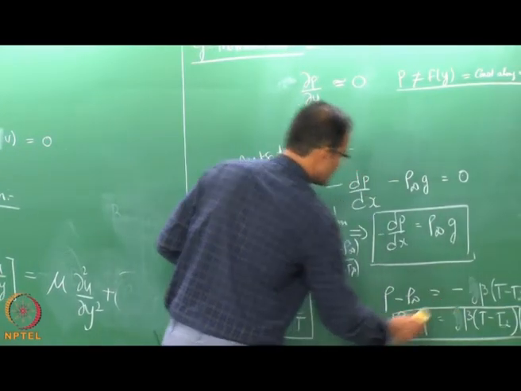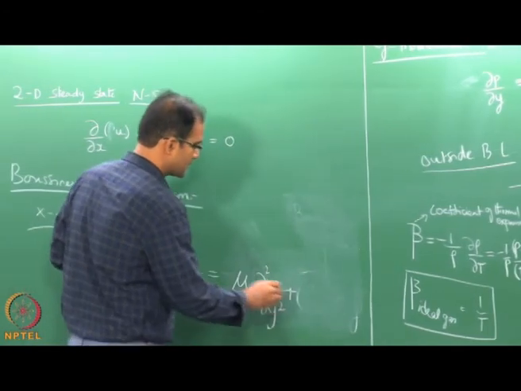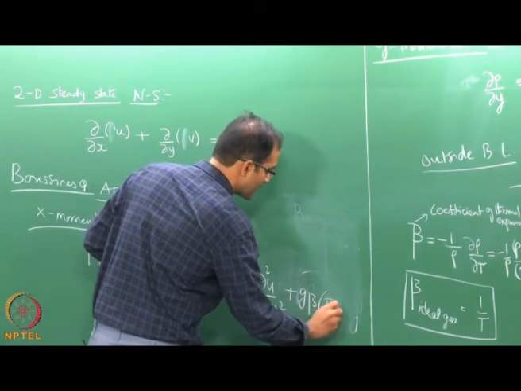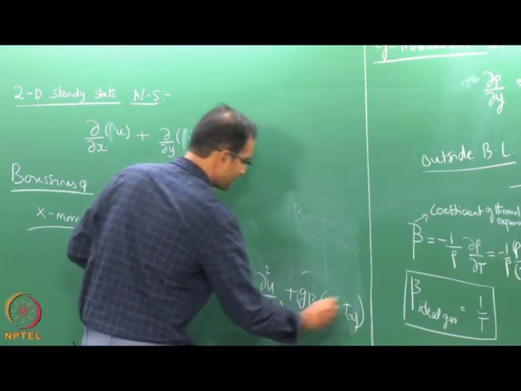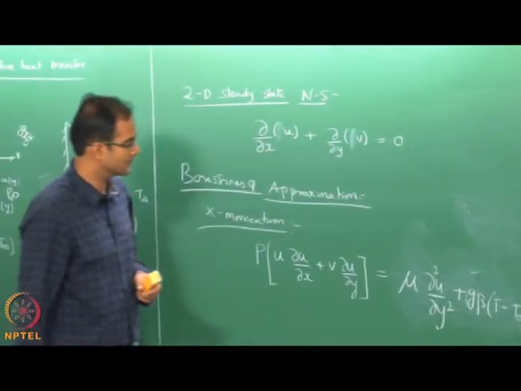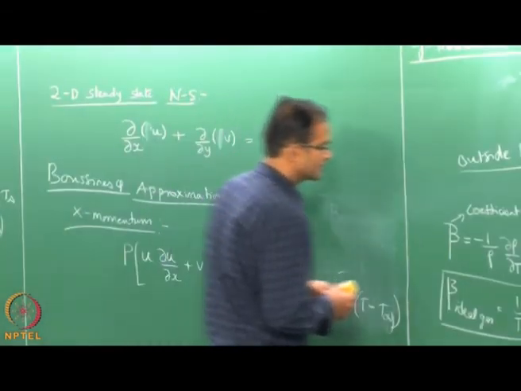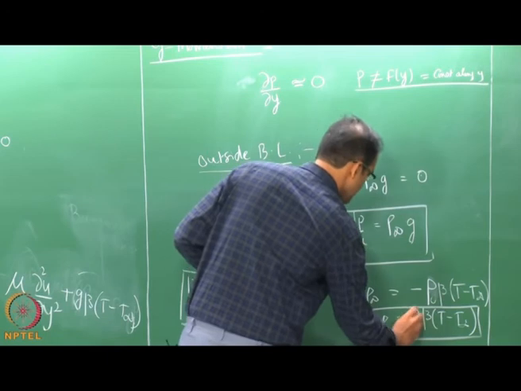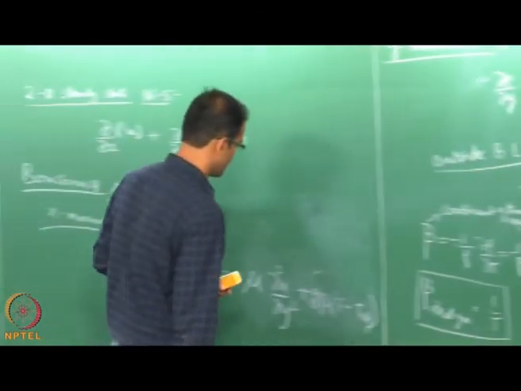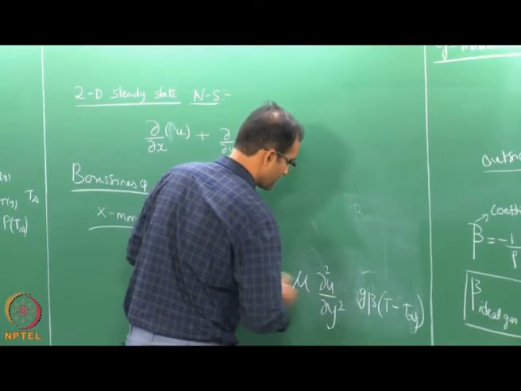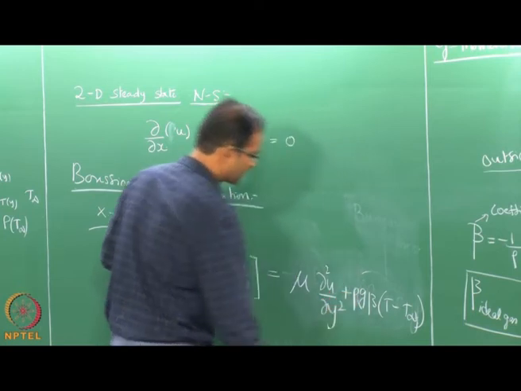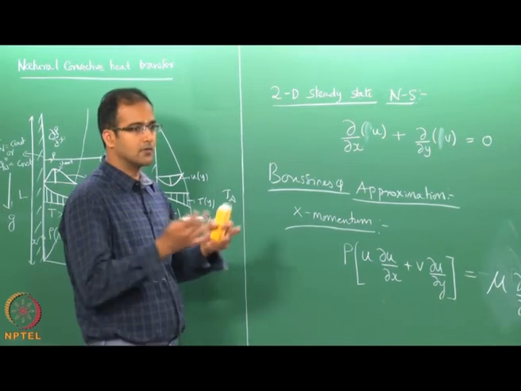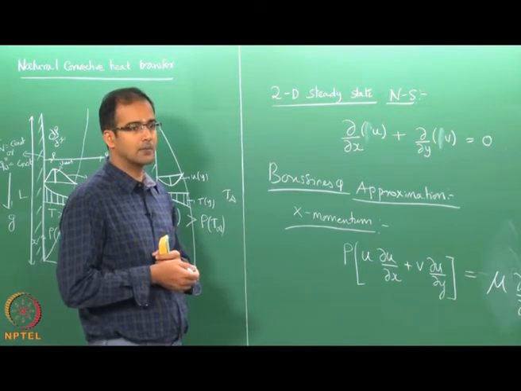Once you substitute into this, you have g, rho beta into T minus T infinity. Now your buoyancy force is written as a function of temperature difference.